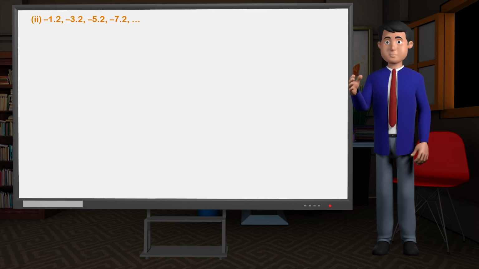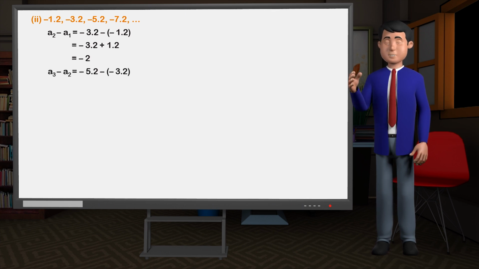Second one. Now let us consider another set of numbers: minus 1.2, minus 3.2, minus 5.2, minus 7.2 and so on. A2 minus A1 is equal to minus 3.2 minus of minus 1.2, that is equal to minus 3.2 plus 1.2, that is equal to minus 2.